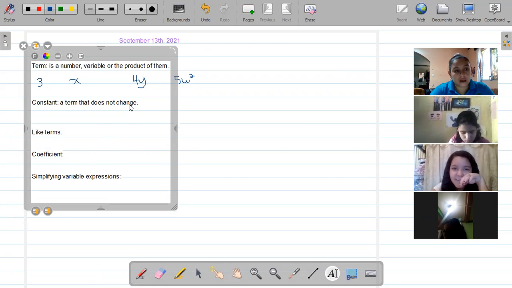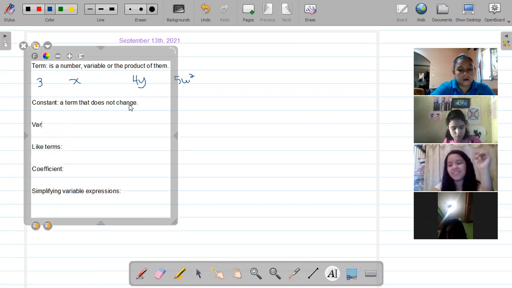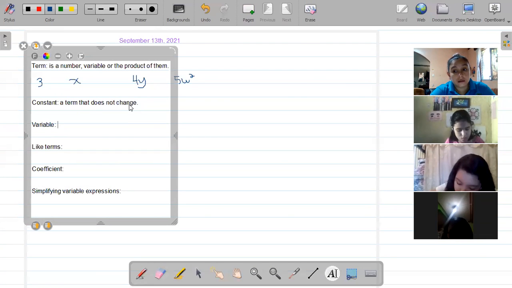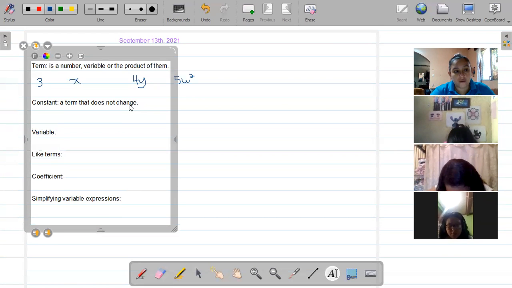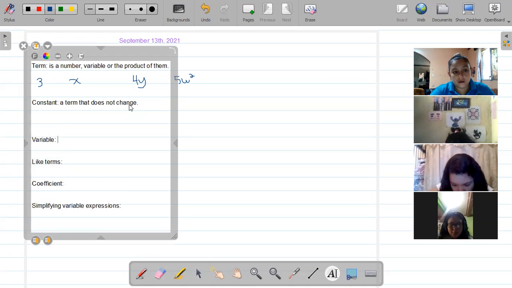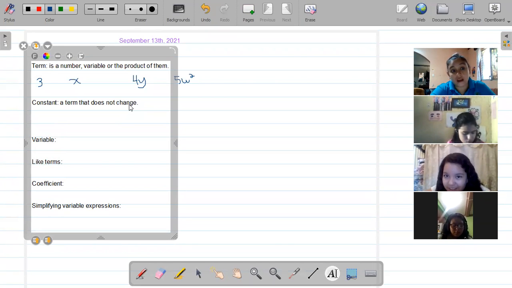Okay, and we're missing here another one. Another term, which is variable. What does variable mean? I think we saw this definition already. So if constant means a term that does not change, variable is a term that changes.